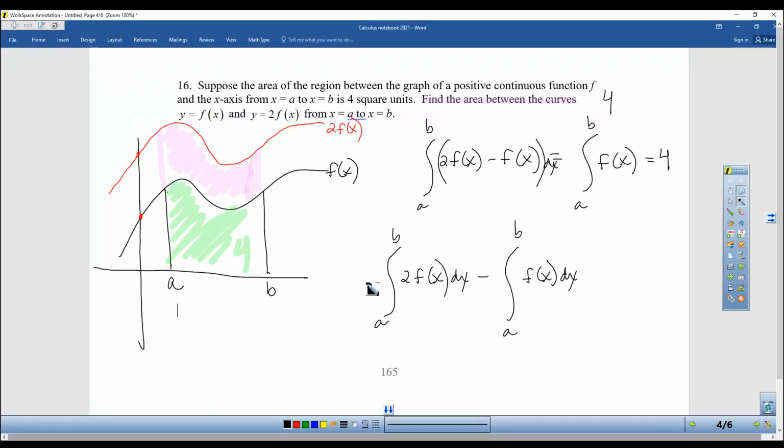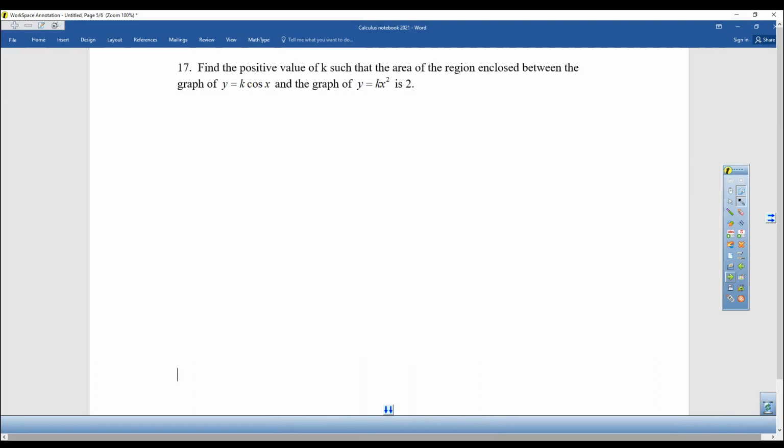Then you could move this 2 to the outside, and you would have 2 times 4, minus this integral, which is 4, and that would still give you 4. So this is more of a thinking question. This might be something that on the AP exam you would see as a multiple choice question that they expected you to do quickly just by thinking about it.